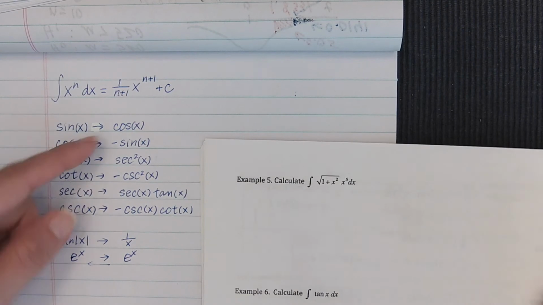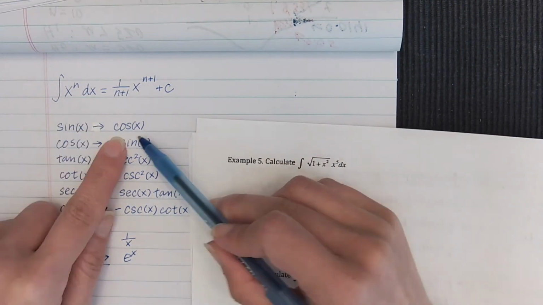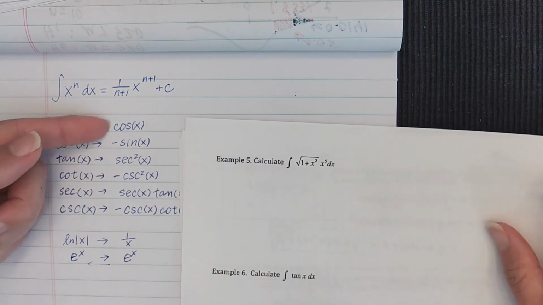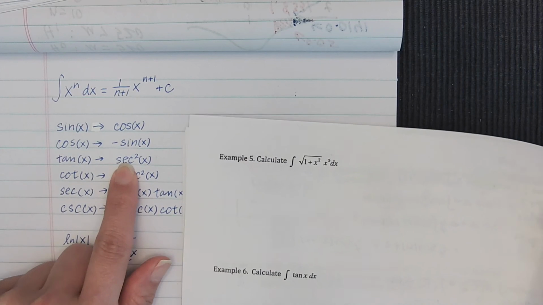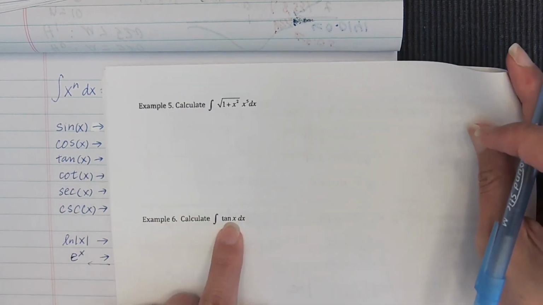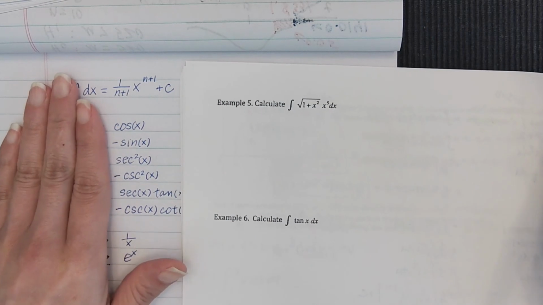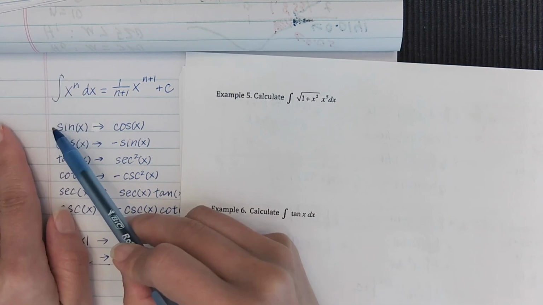Okay, do I have a tangent here? Because if I see the tangent, I can come back, right? I have a secant squared, but secant squared comes from tangent. But if we are going to the integral, I need to see it here so we can come back that way.